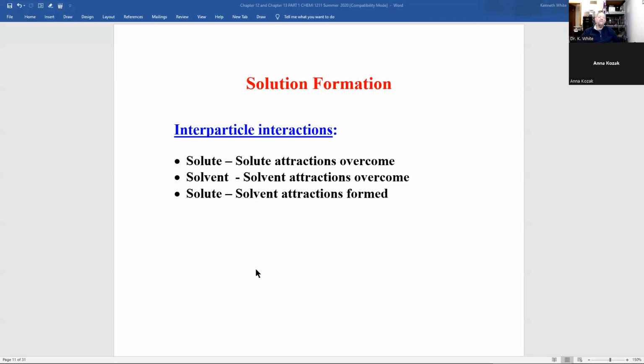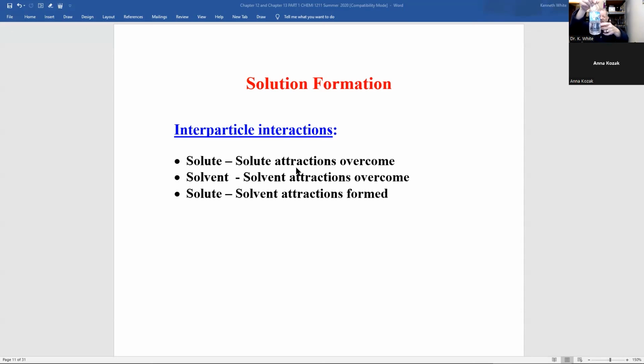But anyways, let's get back to when you put the sugar into water, what happens? Now, there are different interactions already present. The solute is a solid because between the two particles, there are interactions holding together as a solid. And the solvent, the water, notice they're not water molecules floating all around.